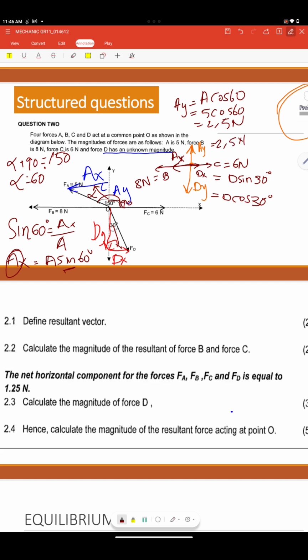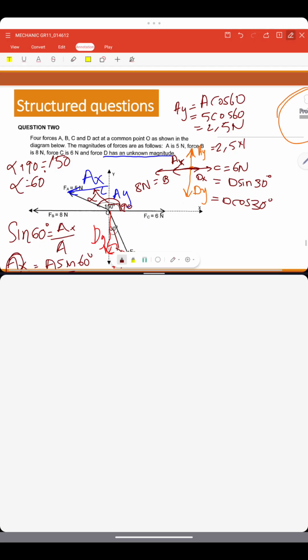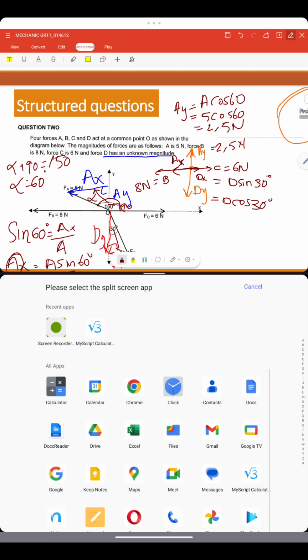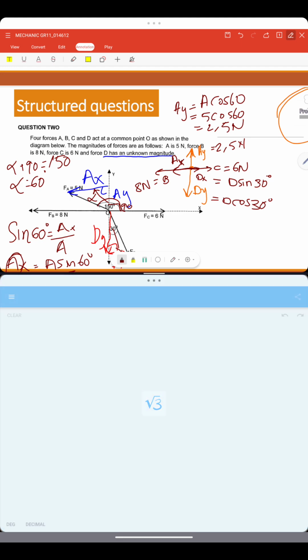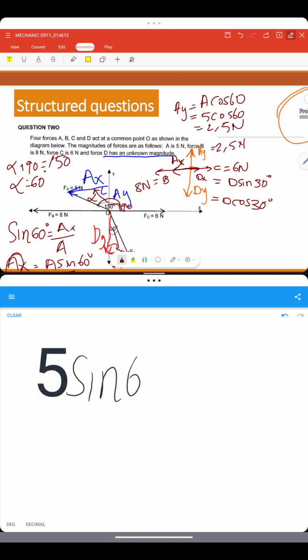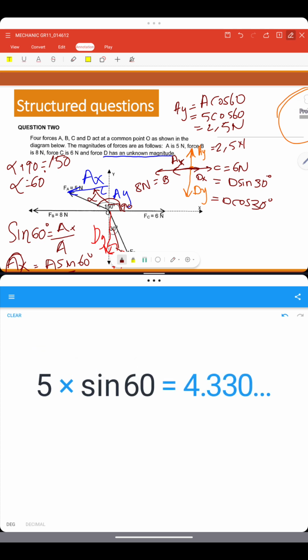And we can use the calculator to figure out what AX is going to be. This is my calculator. So for AX, that will be 5 sine of 60. 5 sine of 60, my calculator tells me that will be 4,330 Newton.